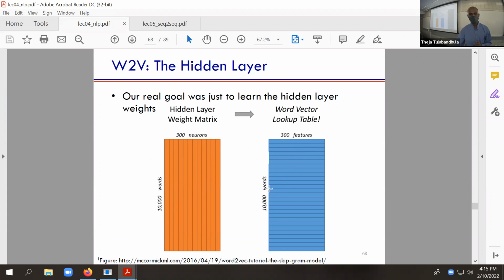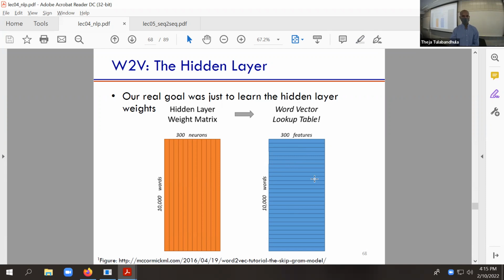Each word corresponds to one row, and each row, the 300 neuronal outputs, we're going to call the features of the word, or basically the word representation. This is literally the word embedding. So we interpret that part of the one hidden layer neural network to be the word embedding itself.